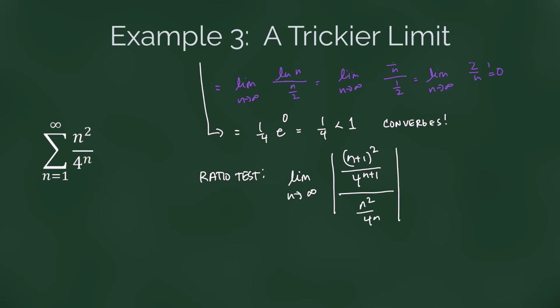The absolute value, again, is not relevant because everything is positive in this case, so we have the limit as n goes to infinity of n plus 1 squared over 4 to the n plus 1 times 4 to the n over n squared.